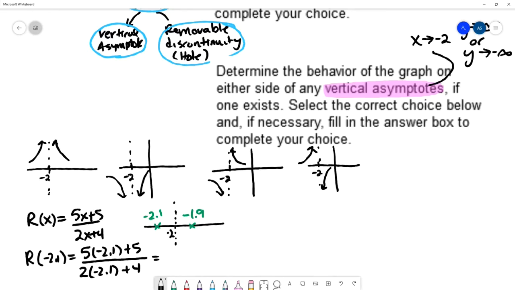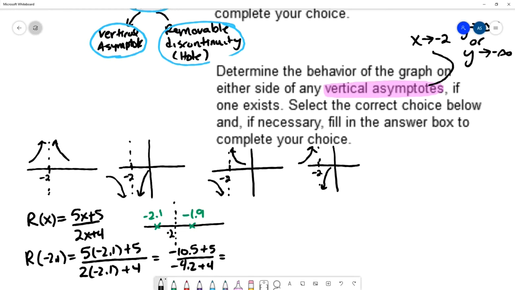So I'm going to get my calculator. And I've got 5 times -2.1. It's going to be -10.5 plus 5. And in the denominator, 2 times -2.1 would be -4.2 plus 4.